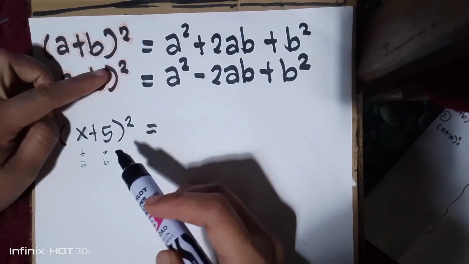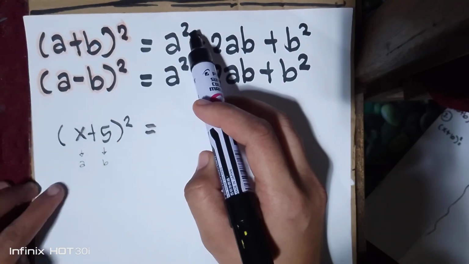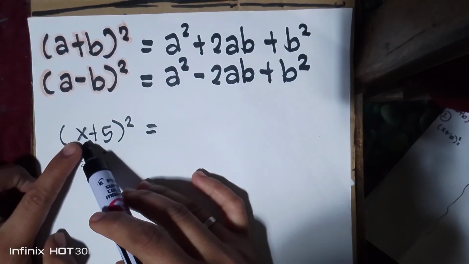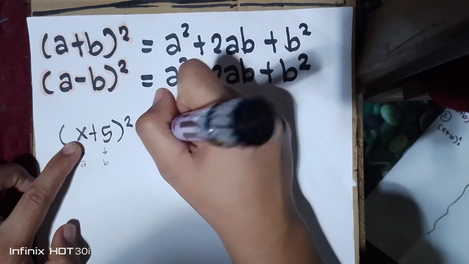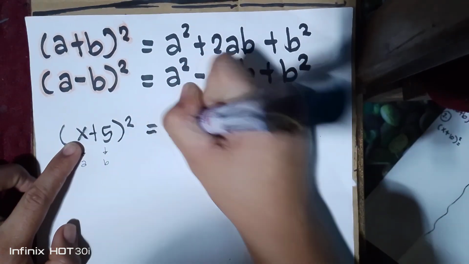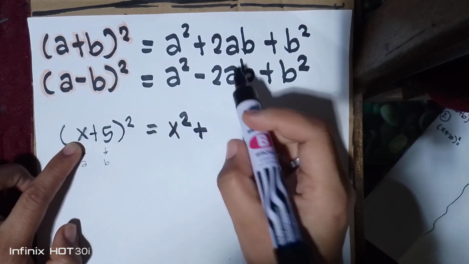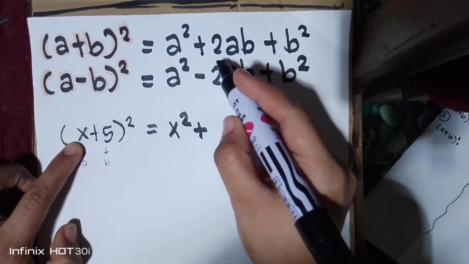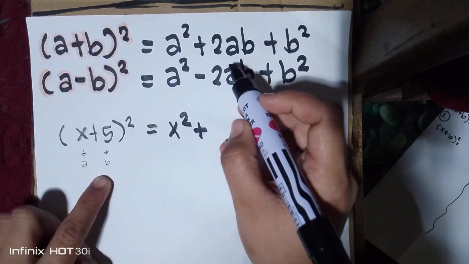Following the pattern, we're going to square the first term. So x times x is x squared, plus twice the product of the first term and the second term.